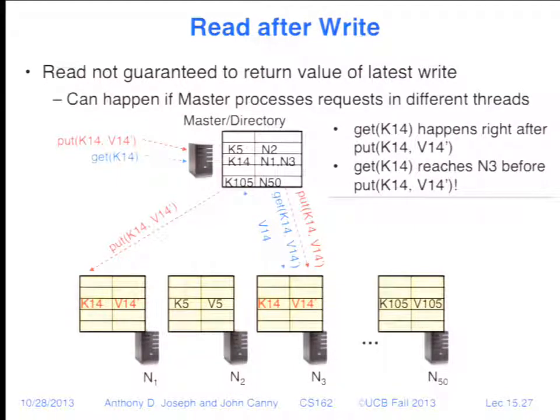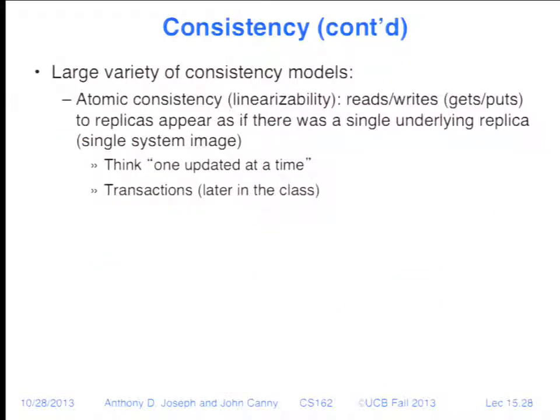Again, most likely they went out in the right order, but then the network introduced an additional delay on the put. So in fact, we've retrieved the old data before the new data was ever inserted. So we get back the old values. You can see that because of delays, there's a lot of problems that can happen.